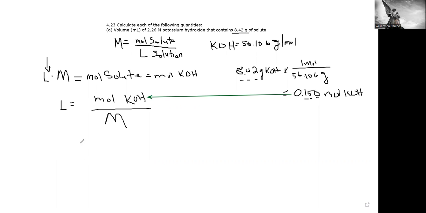So I have the moles, it's 0.150 moles of KOH. And the molarity is 2.26 moles per liter.